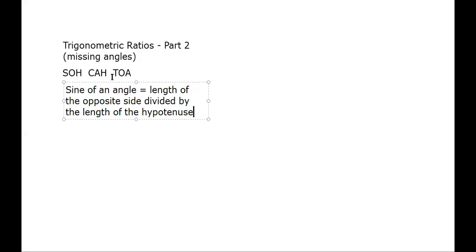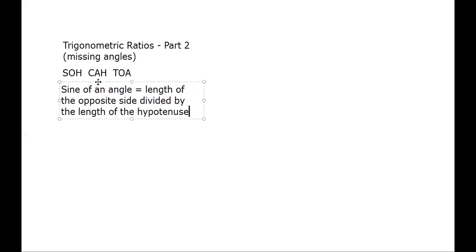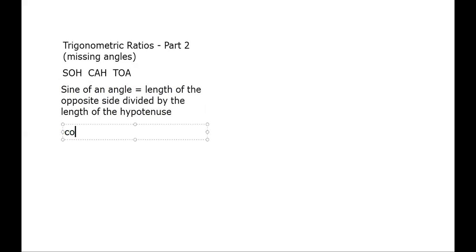So it's up to you to remember that we're talking about the sine of the angle and the length of those sides, opposite and hypotenuse. Typically we will abbreviate this acronym to say the cosine equals adjacent over hypotenuse. And then we might even abbreviate it to say tangent equals opposite over adjacent.